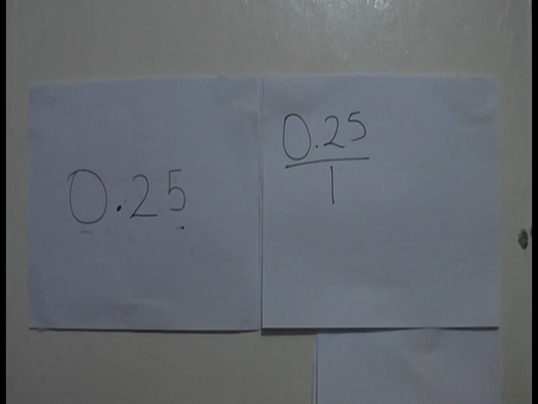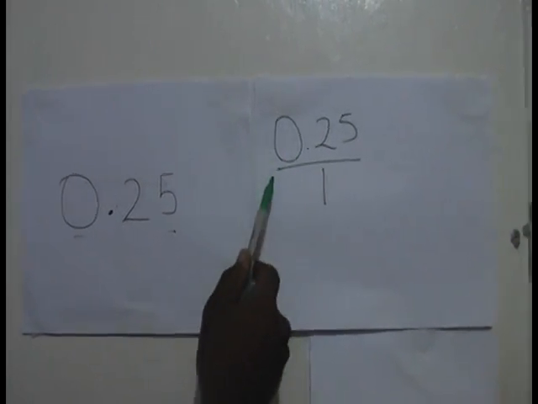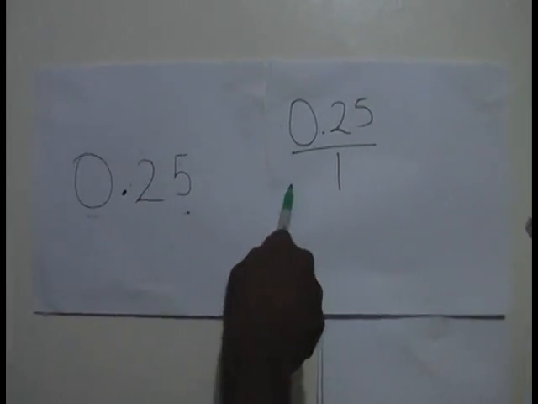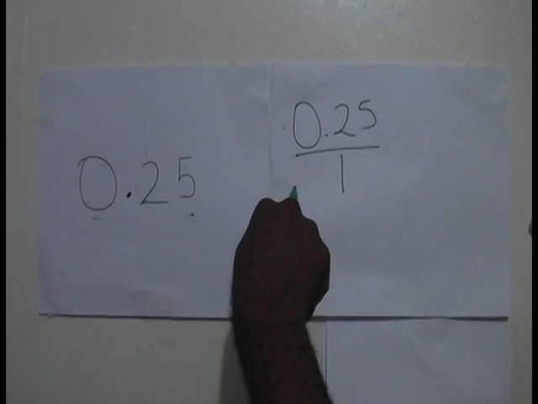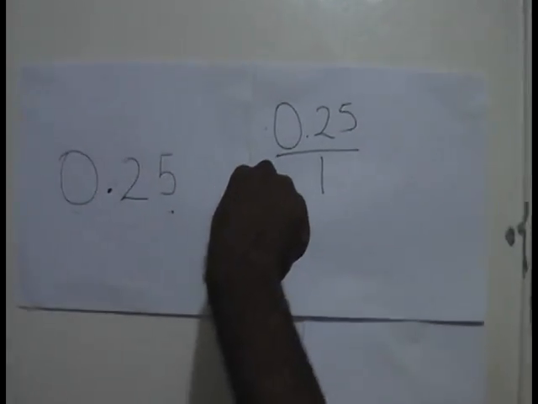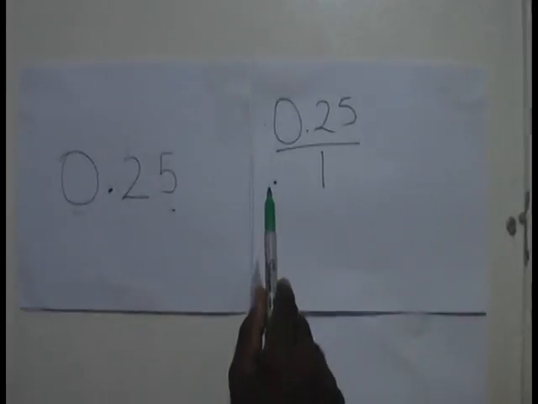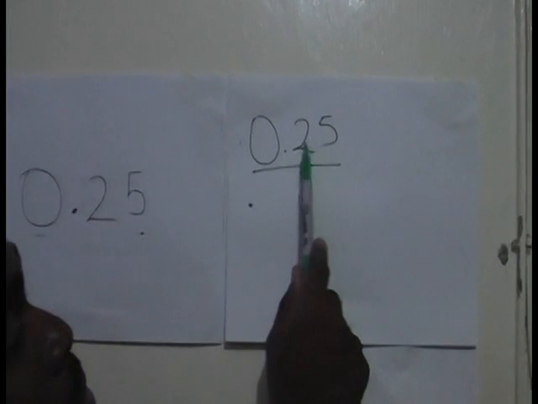Now step 2 states that you are to multiply both top and bottom by what? 10 for every number after the what? Decimal point. So here we have 2 numbers after the what? Decimal point. So instead of using 10, we're going to use what? 100.